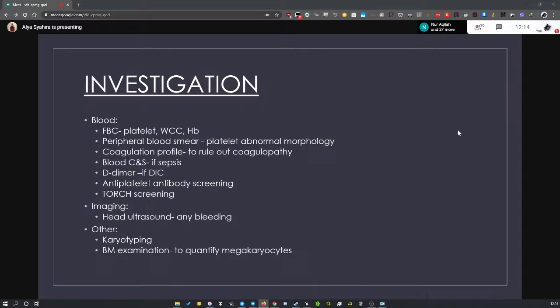So I give you a clue. For large platelets, is it ITP? In the thrombocytopenic people, no. It is a syndrome. It is one syndrome.